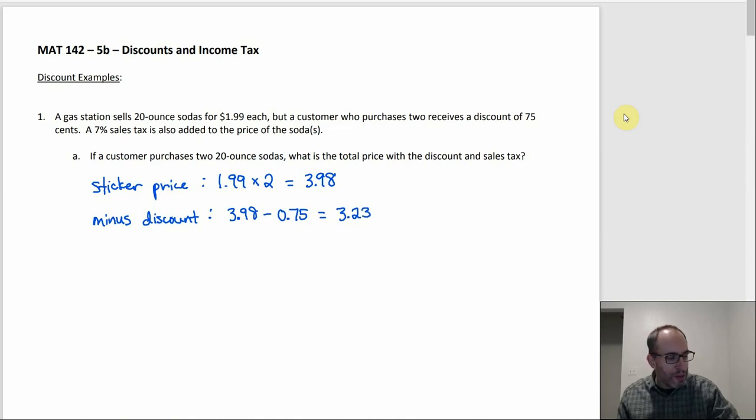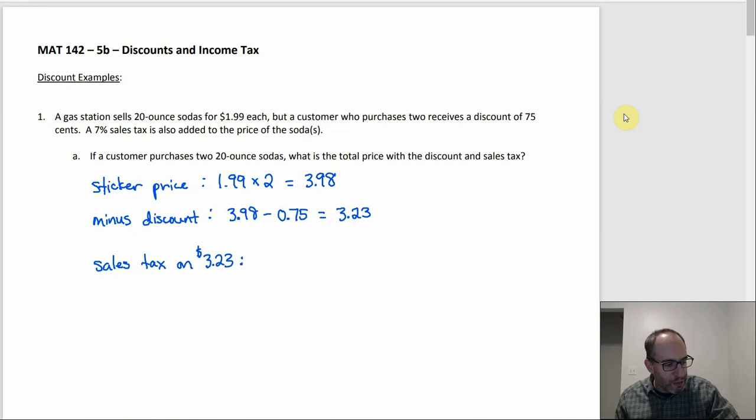Okay. Then we have to figure out the sales tax on that, right? So the sales tax is applied after the discount. So now what we're going to need next would be the sales tax on $3.23. Then let's see.